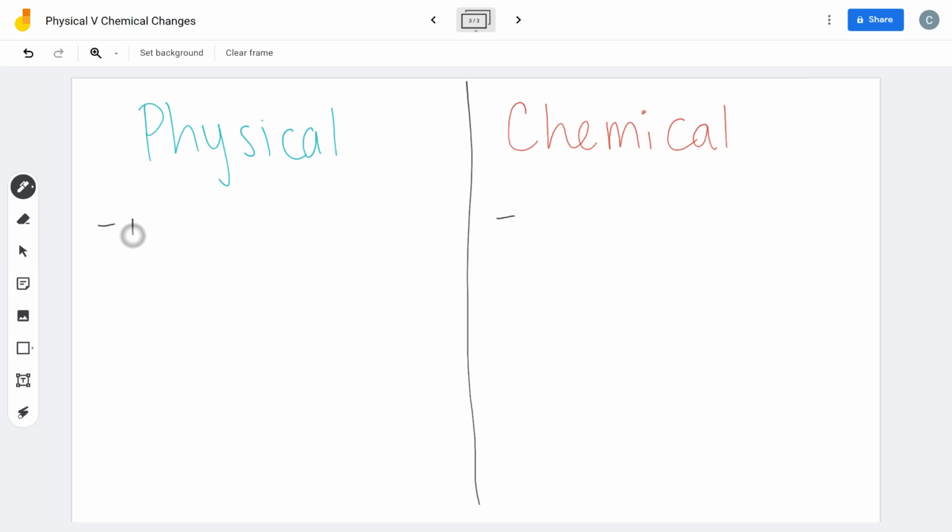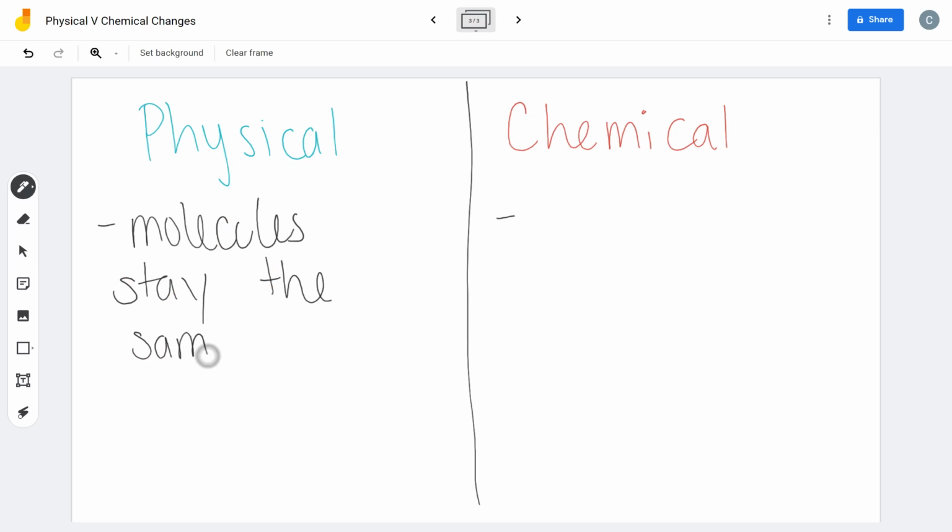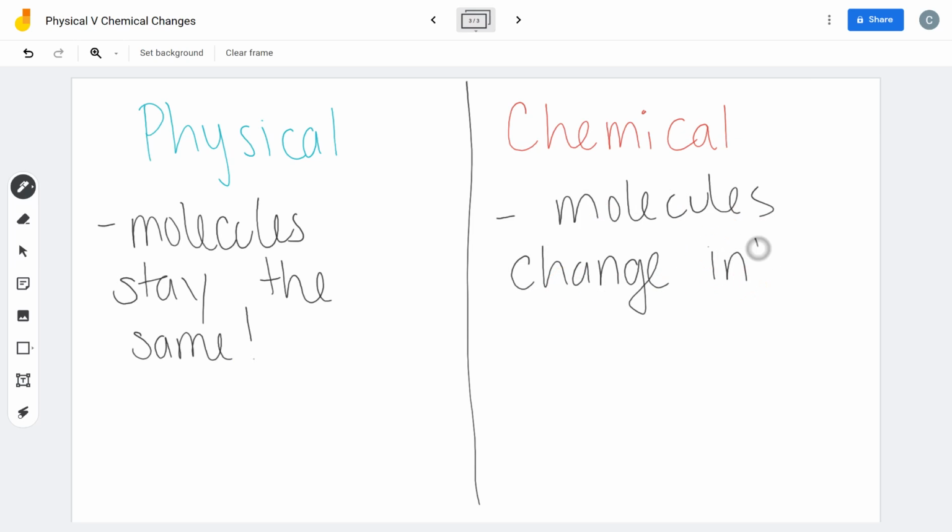So in a physical change, the molecules stay the same. And in a chemical change, the molecules change into new molecules.